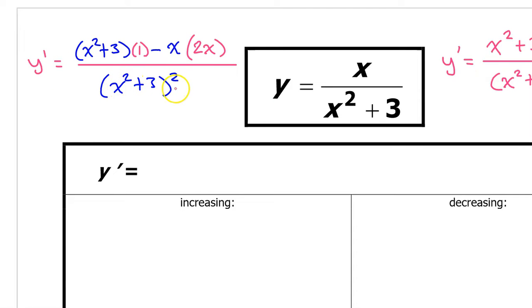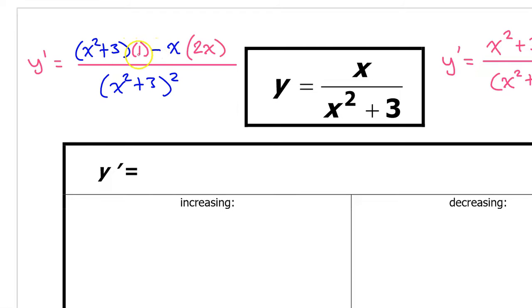I'm going to simplify this a little. Resist the temptation to cancel out the x squared plus 3 with one of the x squared plus 3's in the denominator. That is bad algebra. You cannot cancel out things that are connected by addition or subtraction.